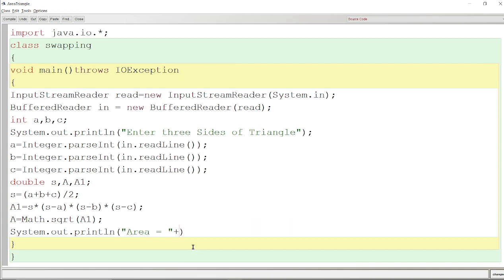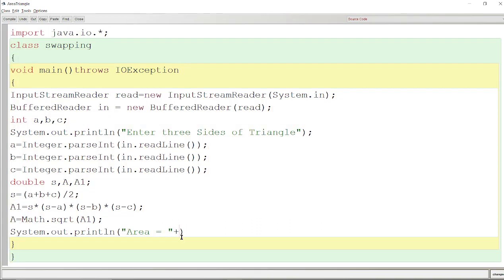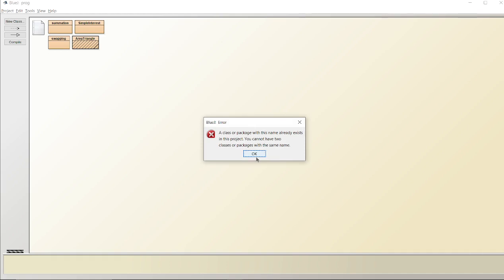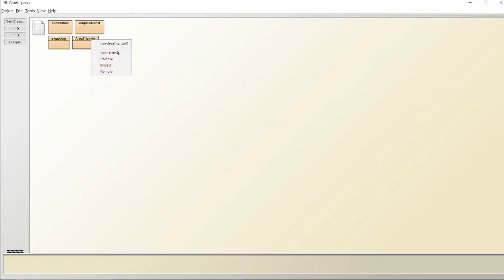Okay. I think I have pressed control. Now let me compile. Oh, sorry, this class has changed to area, and now just let me compile. Now I have compiled this code.